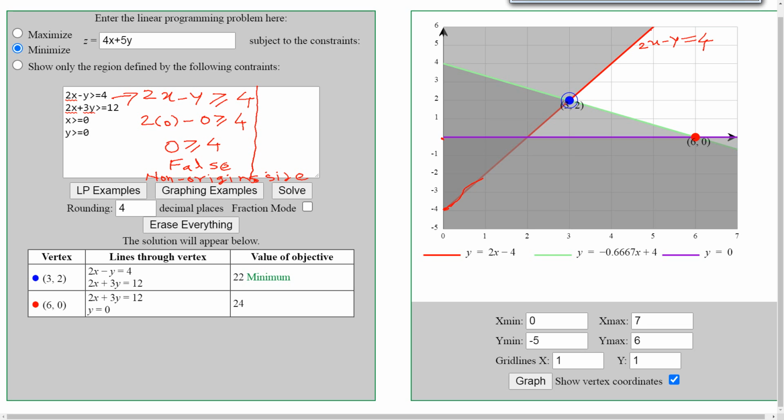This side is the origin side because it contains the origin. The other side of this line is the non-origin side. So for the first constraint, I am going to shade the non-origin side by ticks.